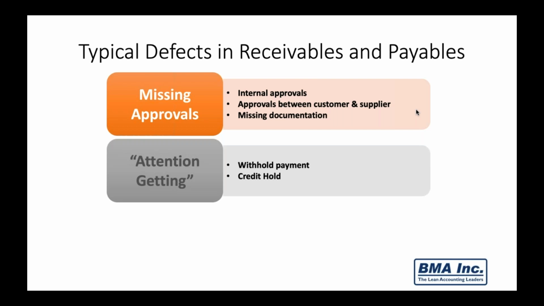And finally, there are the attention getting methods where you withhold a payment or you put a customer on credit hold, where we're going to stop the process because we want to get the attention of the customer or the supplier about another problem that maybe they haven't resolved or maybe they're ignoring.